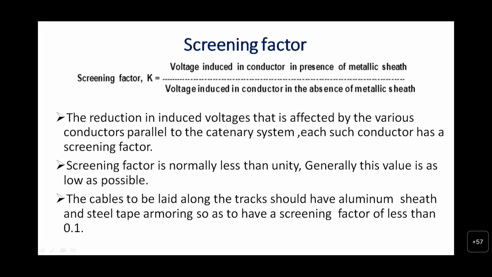Each such conductor has a screening factor. The screening factor is normally less than unity, and generally this value should be as low as possible. The cable to be laid along the track should have an aluminum sheath and steel tape armoring so as to have a screening factor less than 0.1.